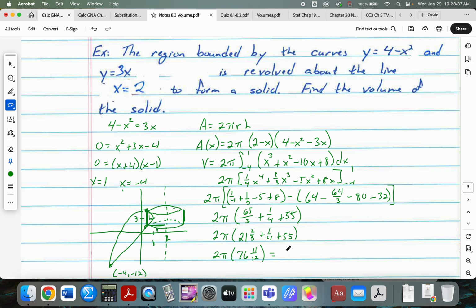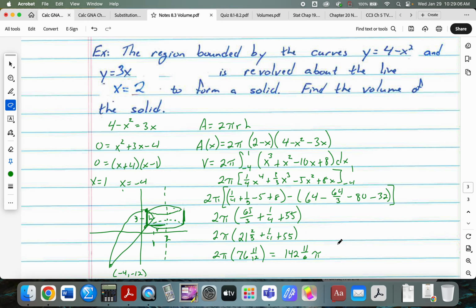So that's going to be 142 and 11/6 pi. That's just awful. And now I'm curious if that's even right.